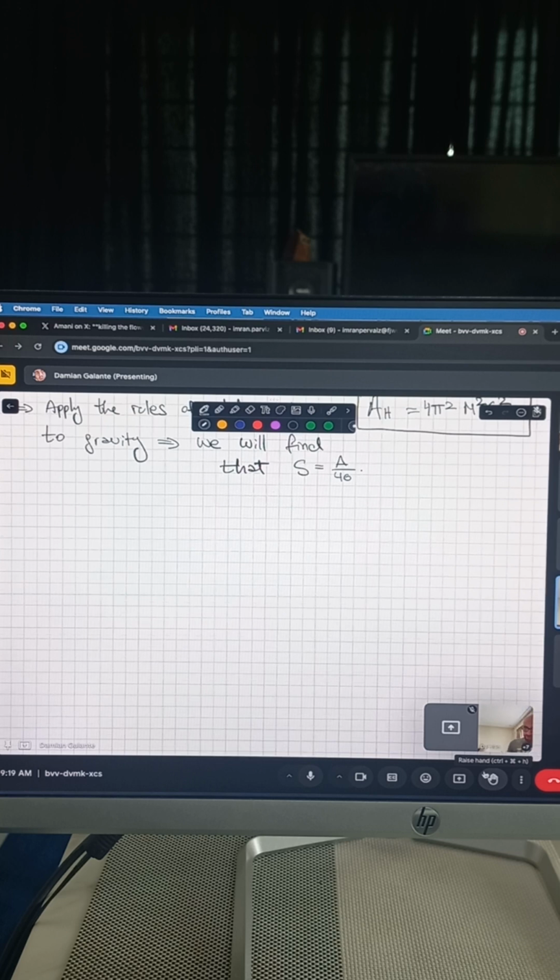Okay, so now let's try to do that. We said, okay, now let's go to space-time statistical mechanics. This is what we started discussing yesterday.